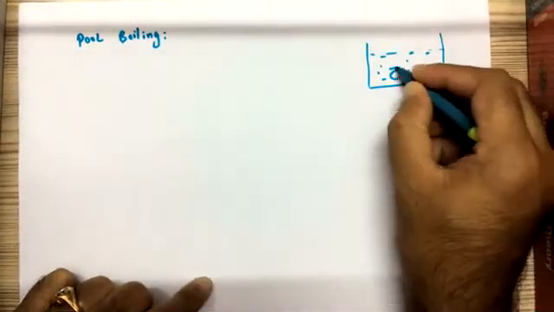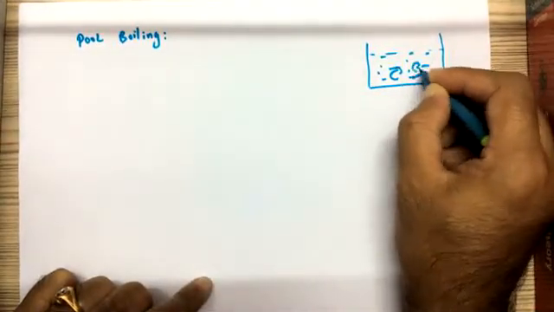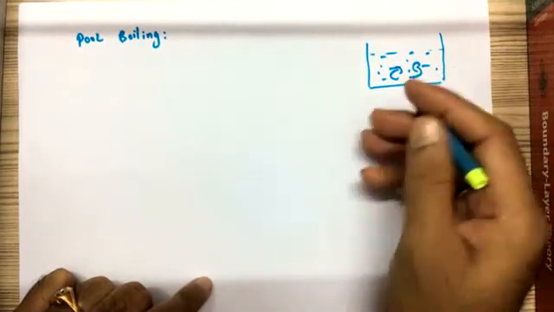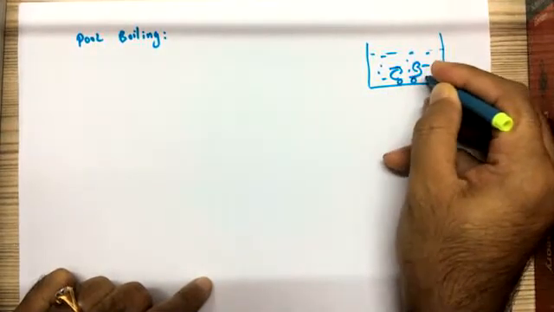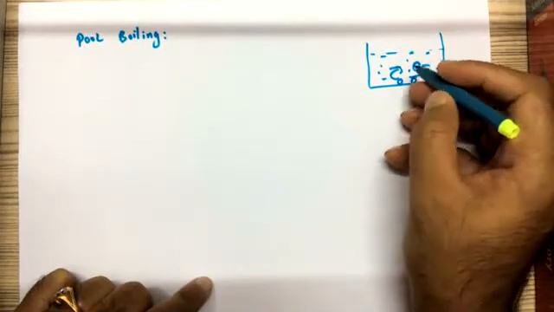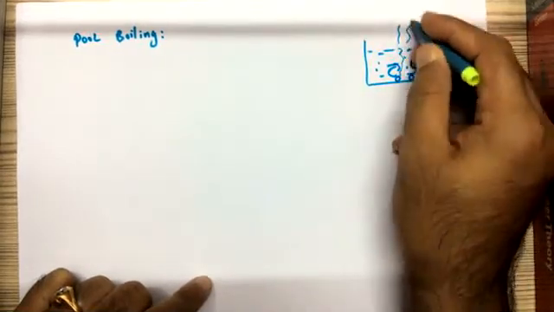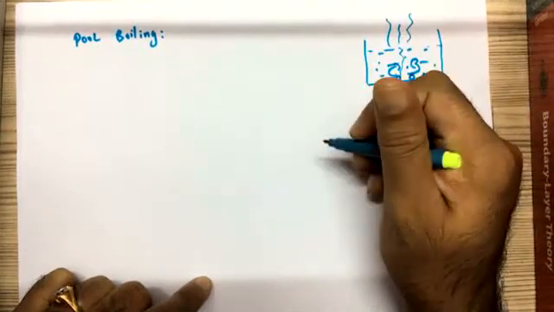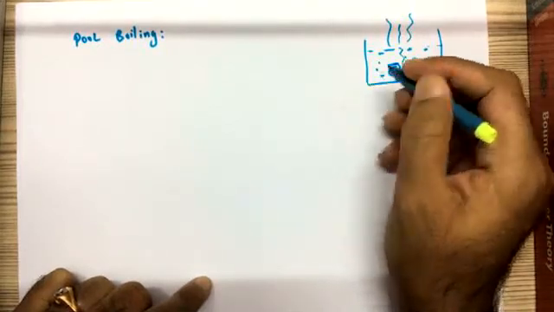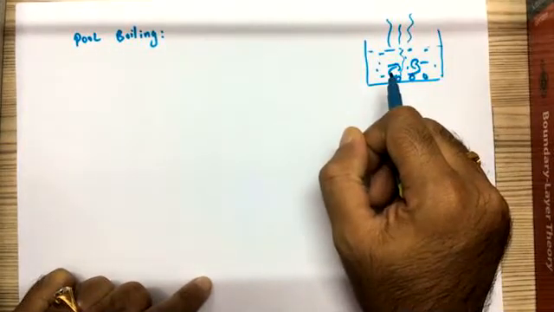Because of natural convection, the low density fluid, when the bubble grows, the bubble detaches and rises up and it vaporizes, right? So this may take place, but the whole bulk of the liquid should not flow.